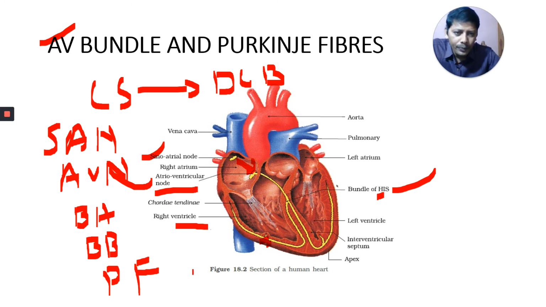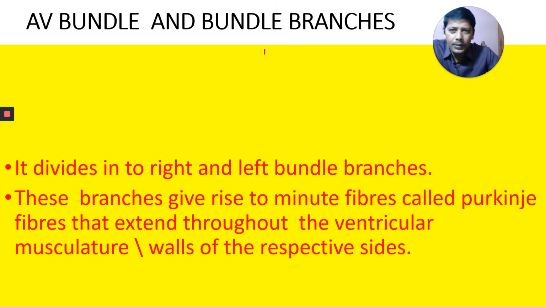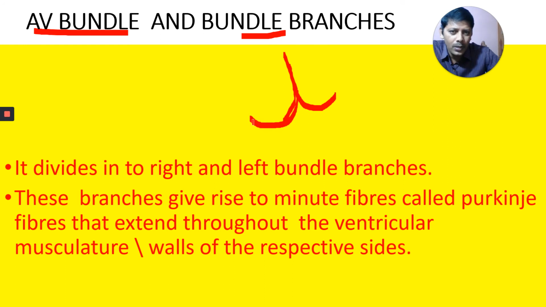This is the sequence: the AV bundle, otherwise called the bundle of His, divides into two bundle branches. This is the right bundle branch and this is the left bundle branch. From these branches, again some structures arise. These are called Purkinje fibers.